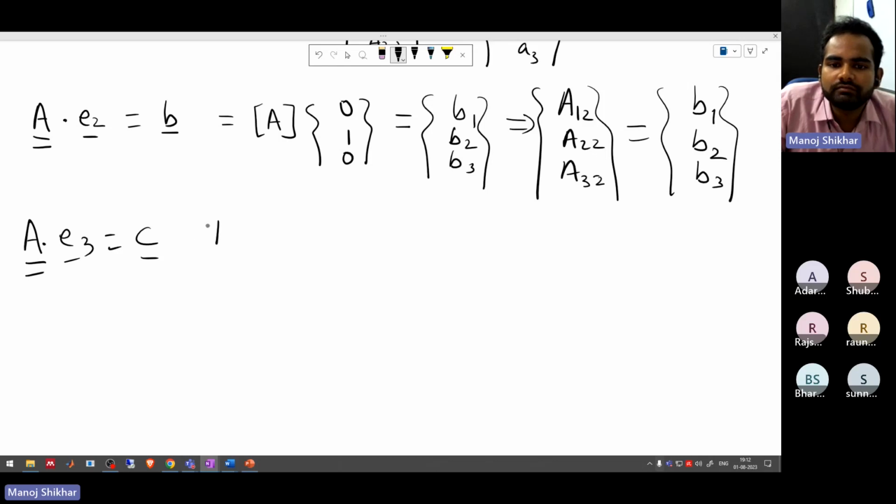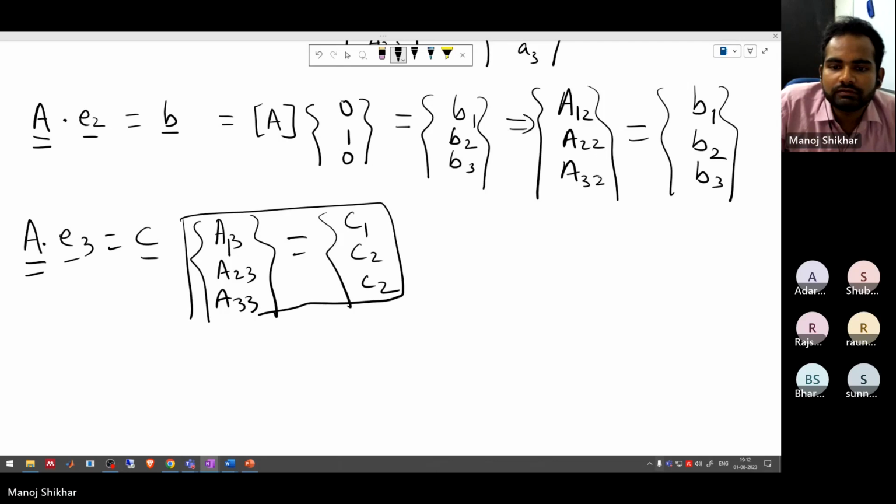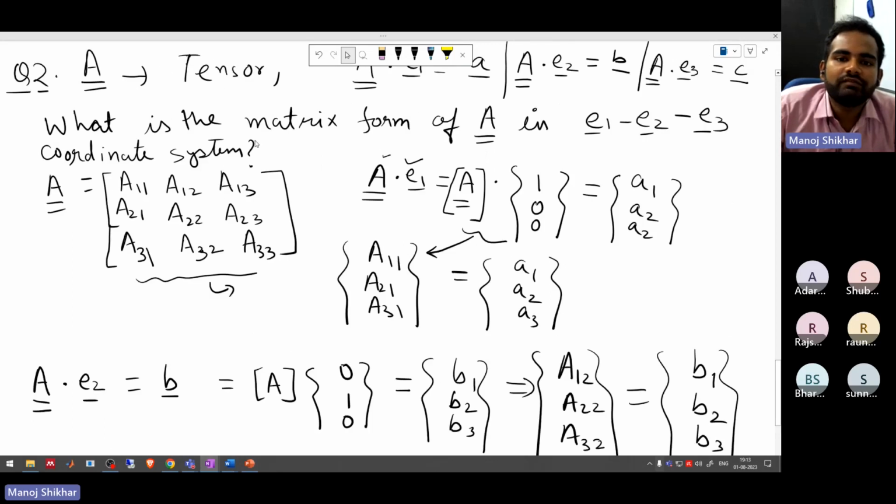So the third column, A13, A23, A33, you will get it as C1, C2, C3. So we have found the components of this A tensor. We have found each column for the matrix representation of this A tensor.